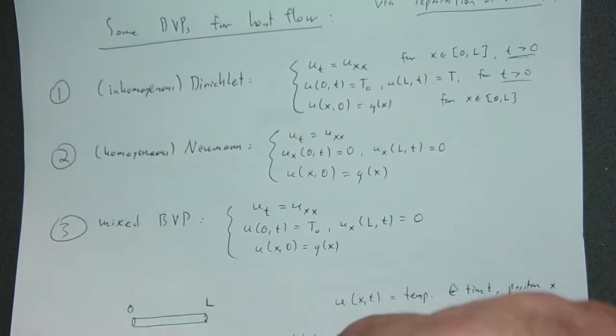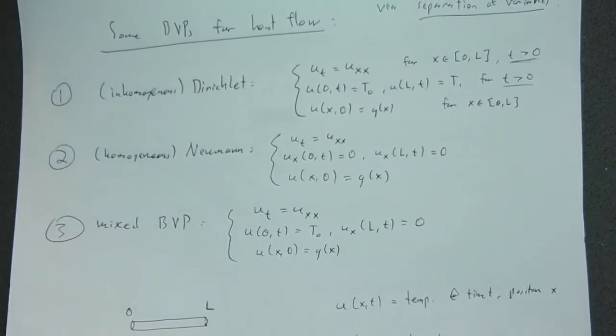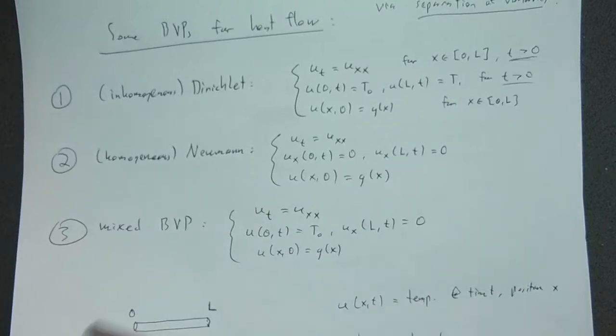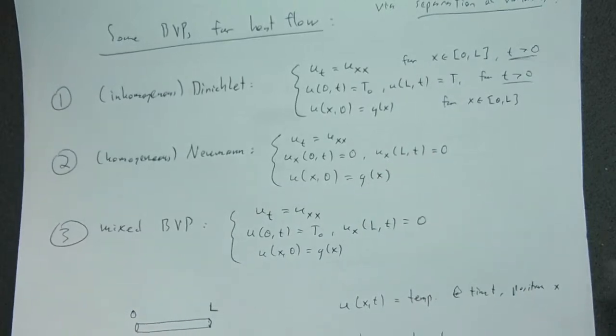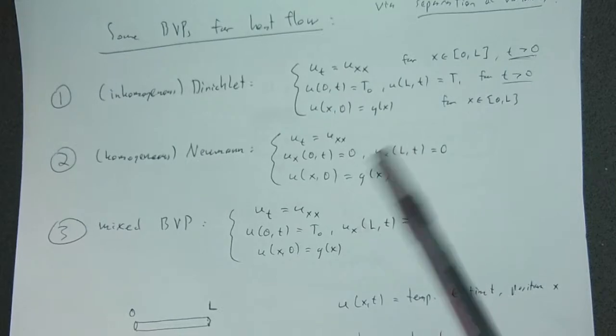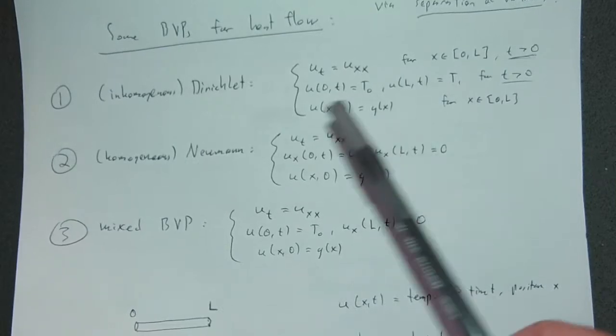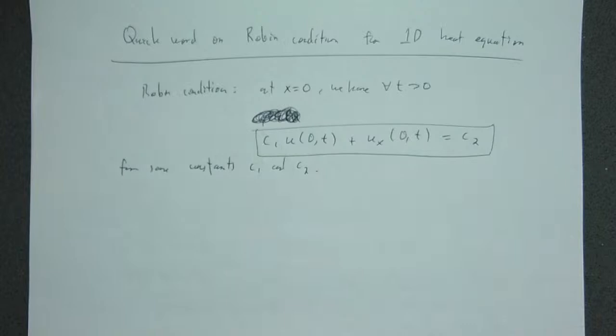And there was no addition or loss of heat from that process. In the Neumann case, there's no loss of heat out of the ends, for instance. Well, if we allow for heat transfer, then we get something like this showing up. So how does this work?